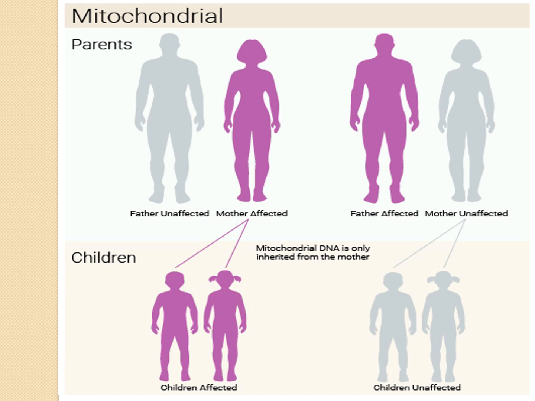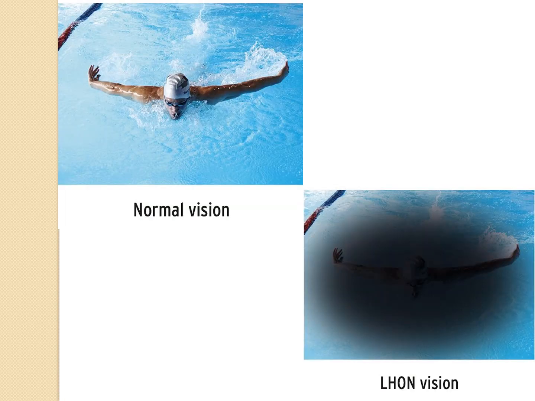As the person gets older and older, the vision starts becoming damaged or there is loss of vision. Okay, so in a normal vision this is how you see it, but a person who has Leber hereditary optic neuropathy, it becomes blurred and suddenly there are spots that are seen. So the person starts losing his or her vision.